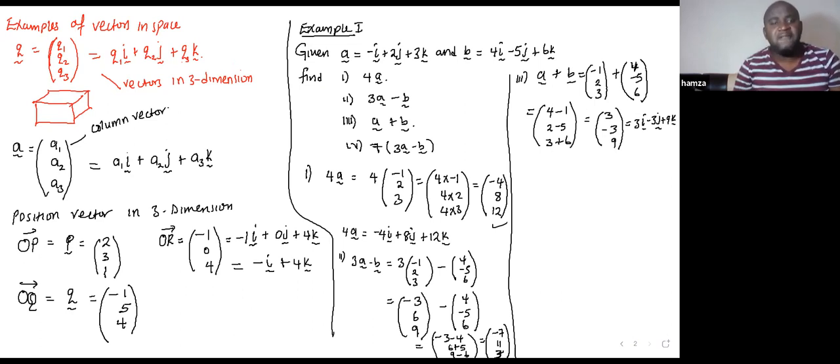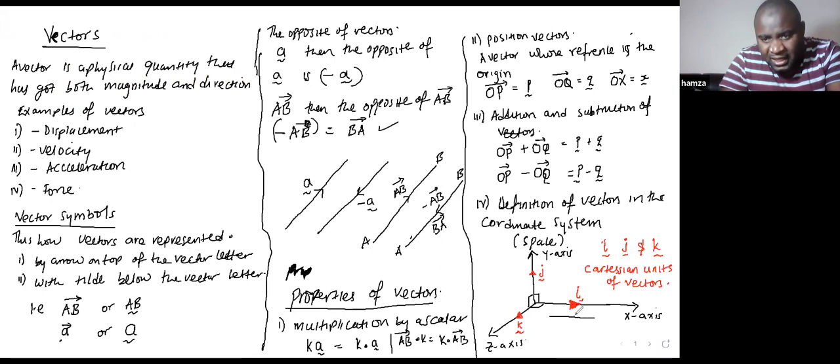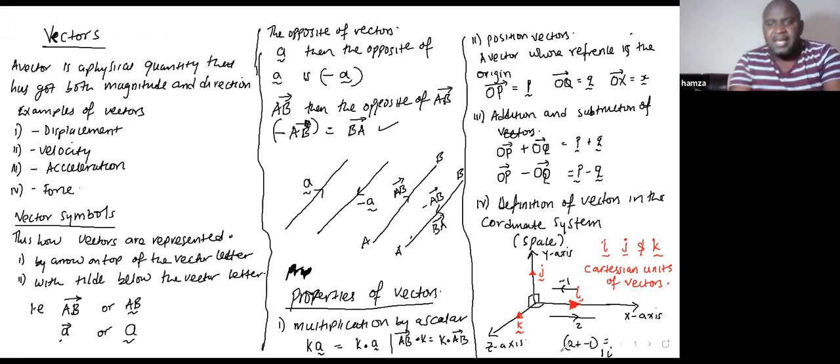It means the only vectors which are supposed to be added to or subtracted from each other are those vectors which are acting in the same direction on the axis. So if a vector is going this side and it is 2, and there's another vector going this side and is negative 1, these two have to be added as 2 plus negative 1. So the resultant vector in that direction is going to be 1 going in the i direction.